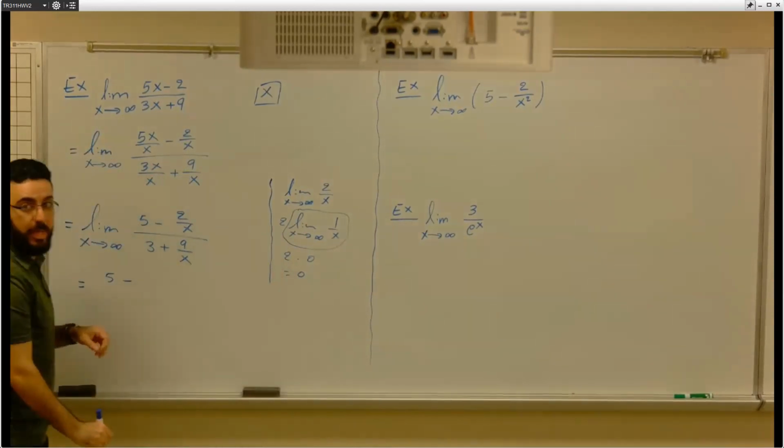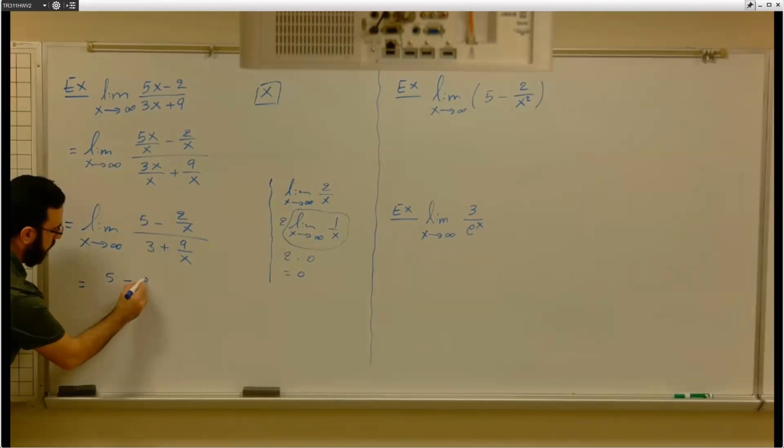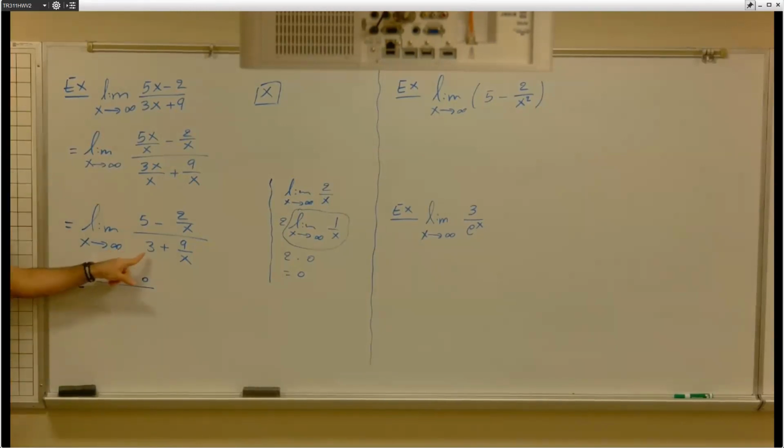But I'm just going to do the limit here. If you want to do it that way, it's fine, so you're not going to get confused. That means the limit for 5, the limit for 2 over x, the limit for 3, the limit for 9 over x. Okay, you can do that. Distribute the limit. You like distributing the limit. So this one is 0. The limit for a constant is a constant.